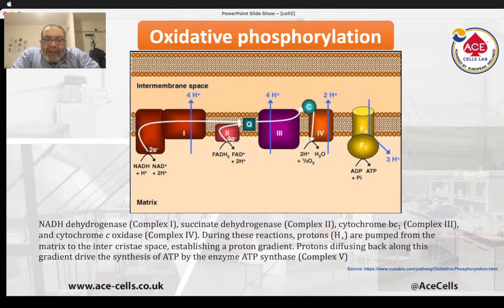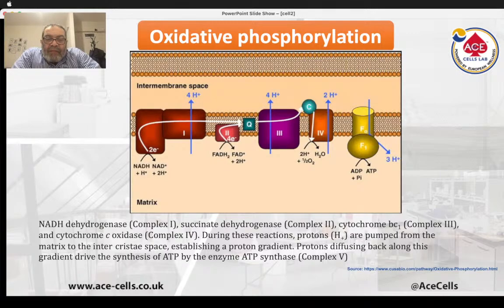As we see, when we read it, NADH dehydrogenase, succinate dehydrogenase, all these are the enzymes or peptides or cofactors that help in this process, which we call oxidative phosphorylation. NADH dehydrogenase, succinate dehydrogenase, cytochrome BC1, cytochrome C oxidase, adenosine triphosphate, adenosine diphosphate, and the phosphorylating enzymes.